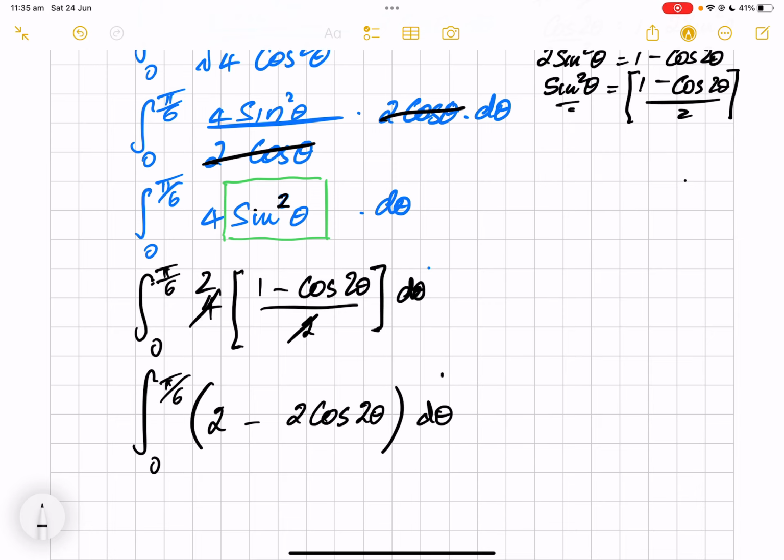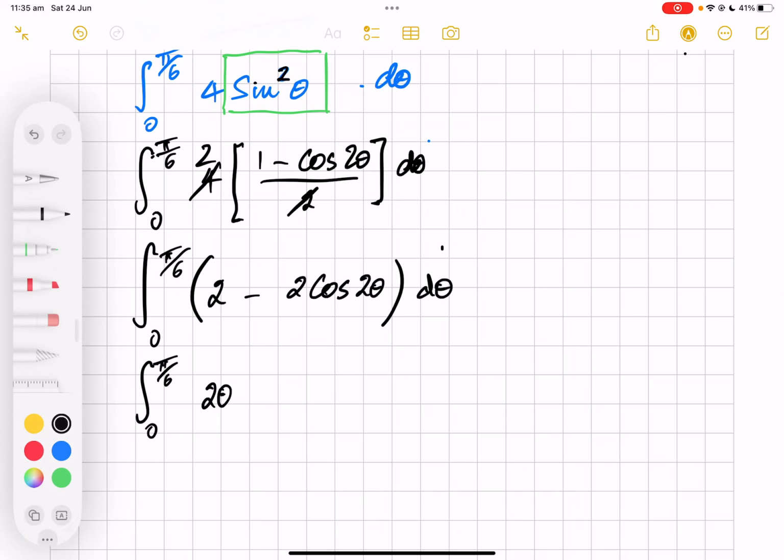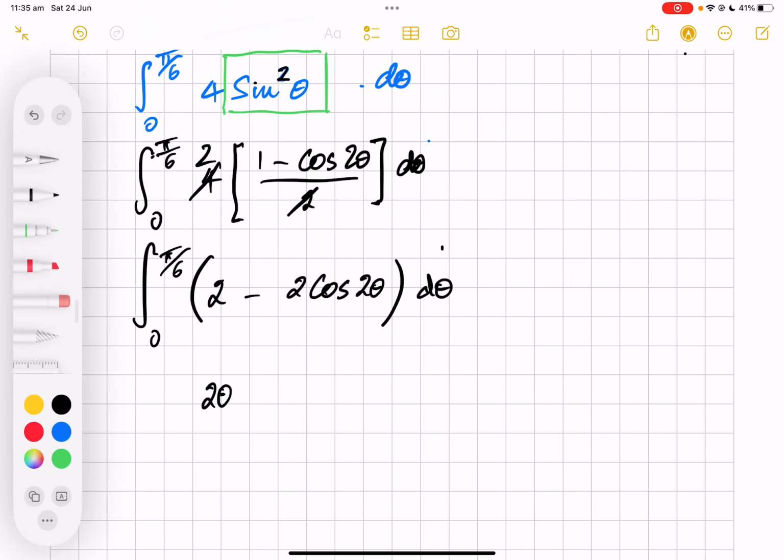Now I'm actually doing the integral. The integral of 2 is 2 theta.